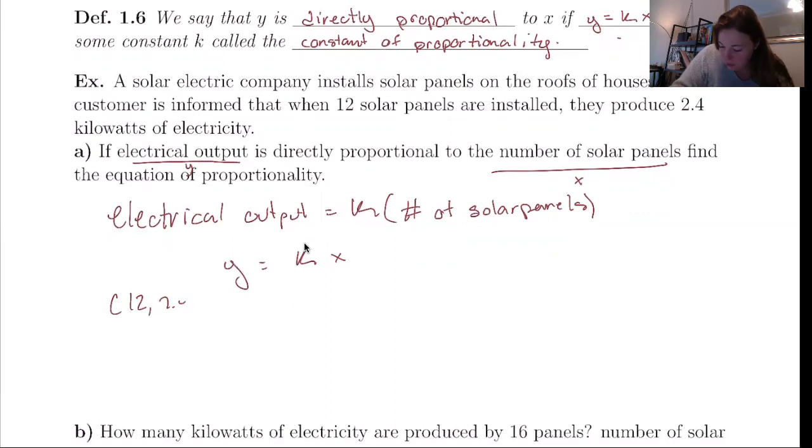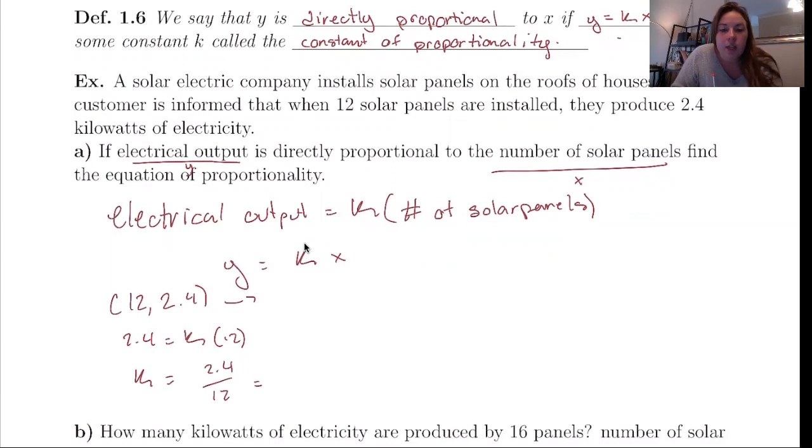I don't need to find the slope because I'm just going to plug it in. So I'll get that 2.4 equals k times 12. So k would equal 2.4 divided by 12, which I think should be 0.2.